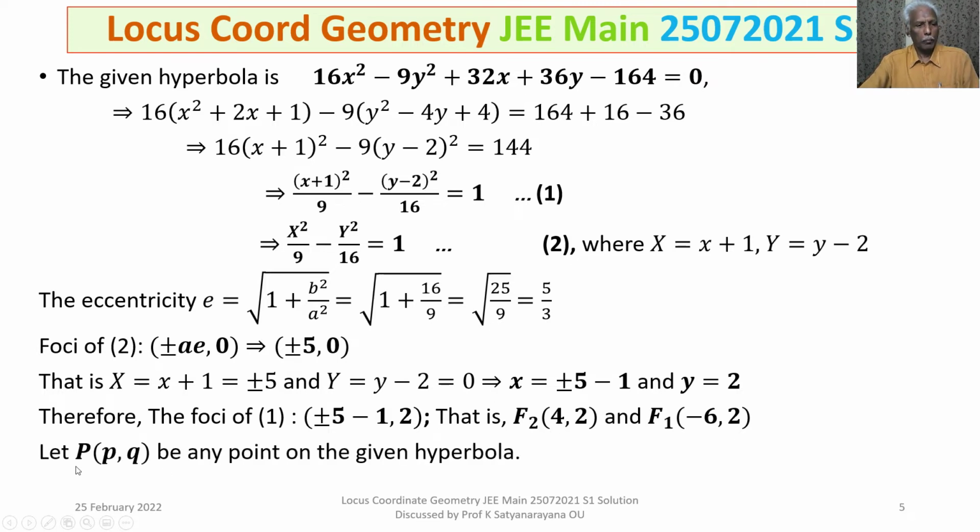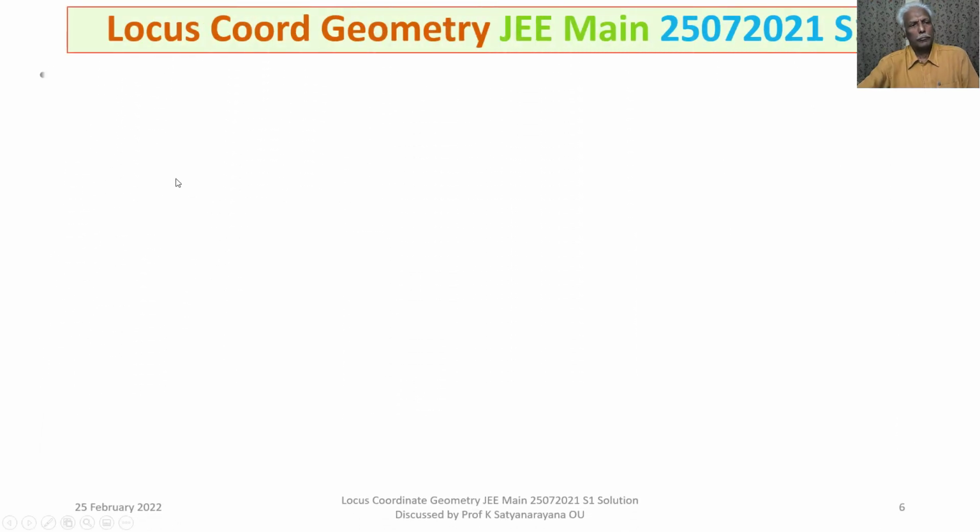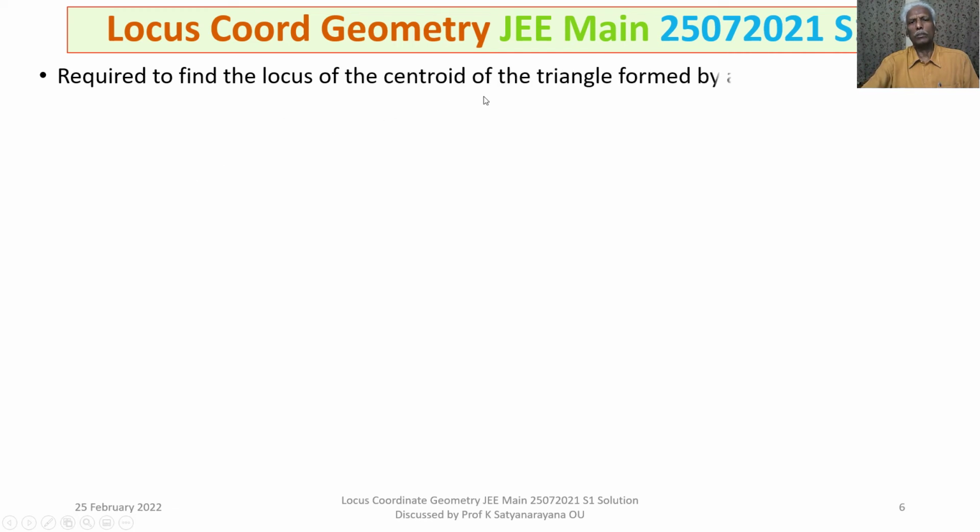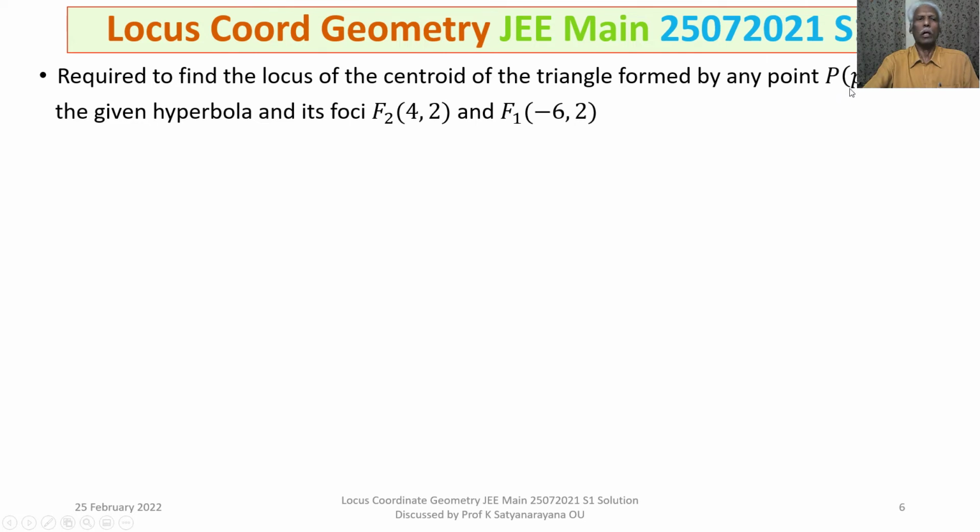Let P, capital P, with coordinates small p comma q be any point on the given hyperbola. Now we have to consider the triangle capital P, F1, F2, and consider its centroid, and we have to talk about the locus of the centroid. So that's the problem. Required to find the locus of the centroid of the triangle formed by the point P with coordinates p comma q on the given hyperbola and its foci F1 and F2.